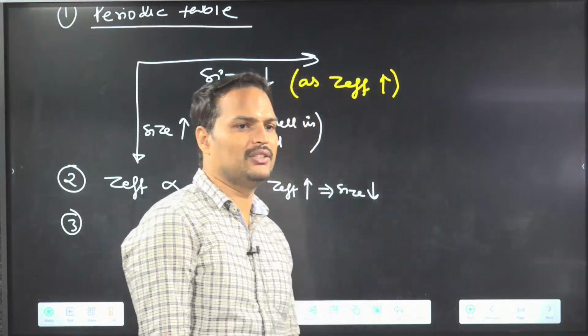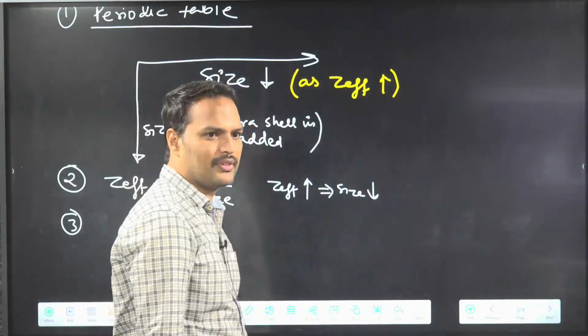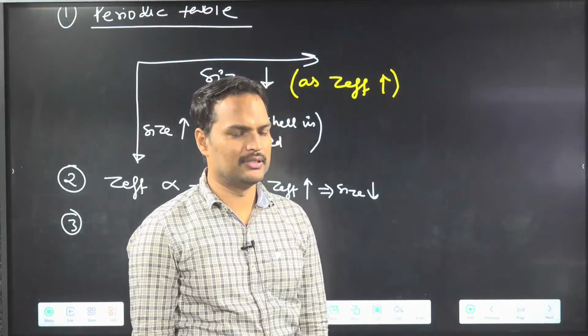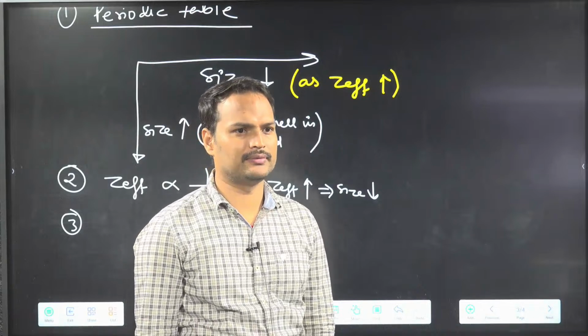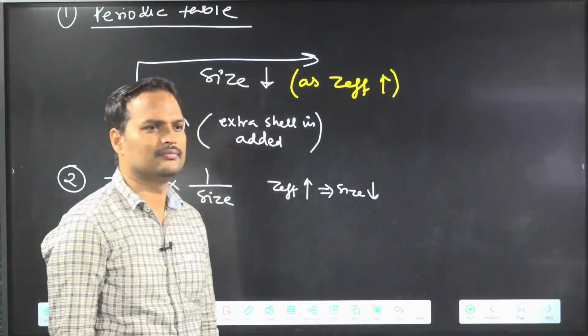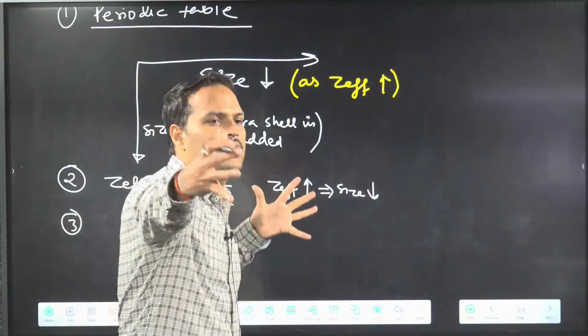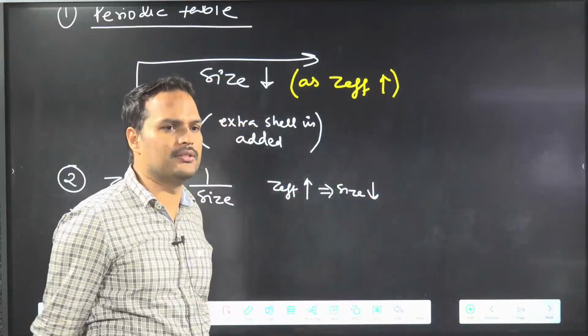No, we don't say like that. See what is happening? Electrons are increasing, but protons are also increasing. Pull is increasing, but at the same time size is also increasing. So pull neutralized.